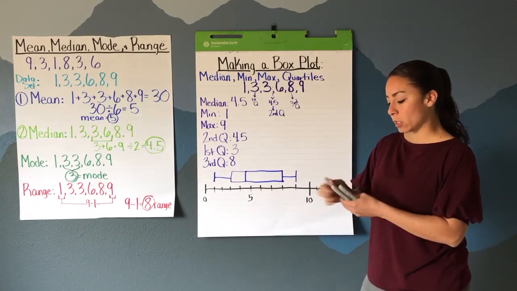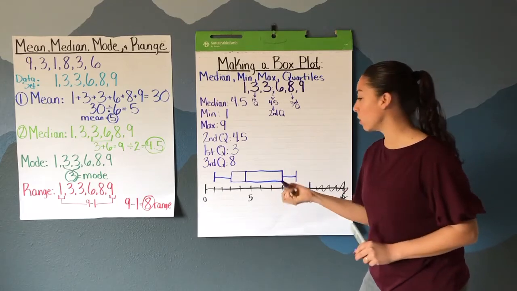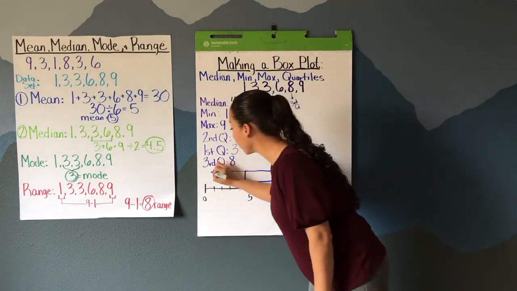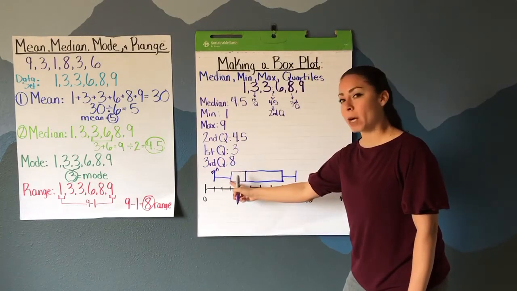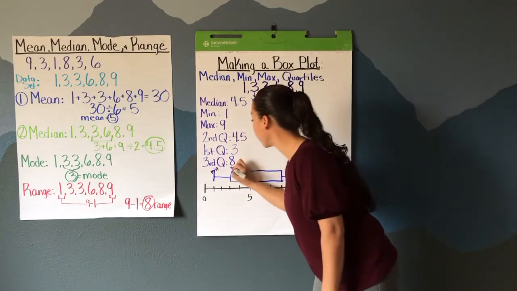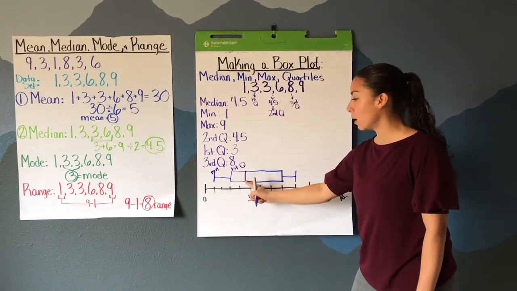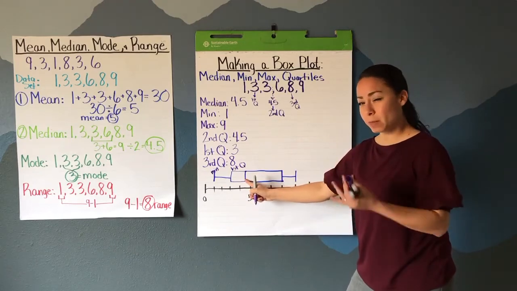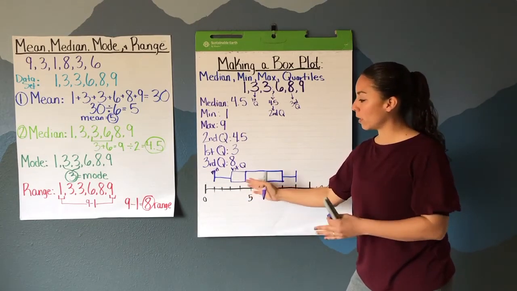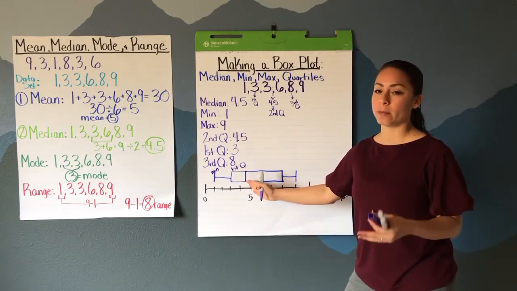Okay, so I am going to label them just to make it a little more clear, in case you guys do need that. This is your minimum. This is the beginning of our box plot, which is the first quartile. The middle here is the median, which is the middle number of your data set. I know it's not exactly the middle of your box plot, but it's considered the middle of your data set.